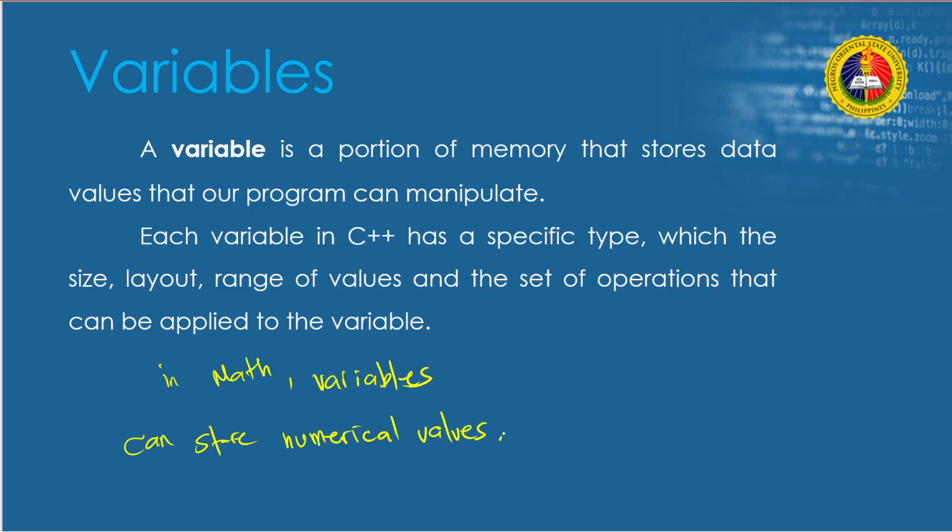If we want to compute something, that's a numerical value. If we want to read a text, that's text. If you want to type in letters, let's say to take an exam and choose the right multiple choice, then we are using letters. We can also use variables for that. So in programming, we can use different data types, unlike in mathematics, where we can only store numerical values. That's the difference between them.